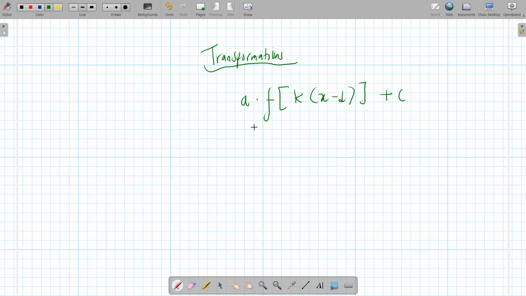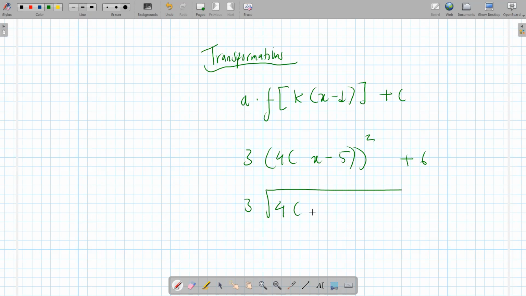For example, let's say we had the quadratic. So it'd be 3 times the function, here the quadratic function, which is x squared, and then x is in there. So you have 3(4x - 5) squared, this is the quadratic, plus 6. Another example could be the square root function, 3 times the square root of 4x - 5, plus 6.